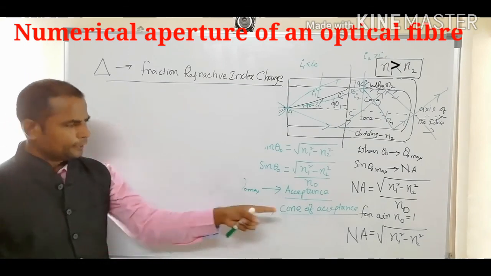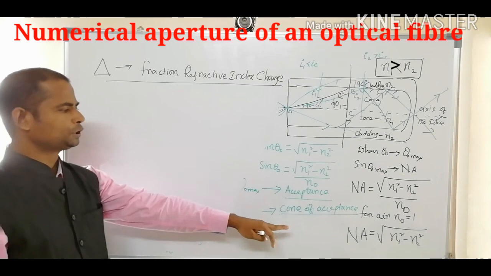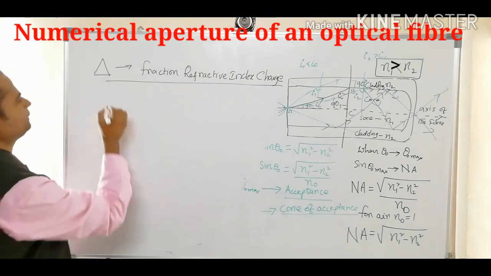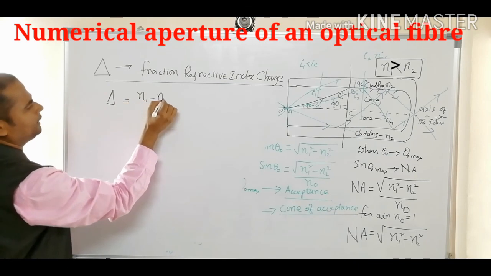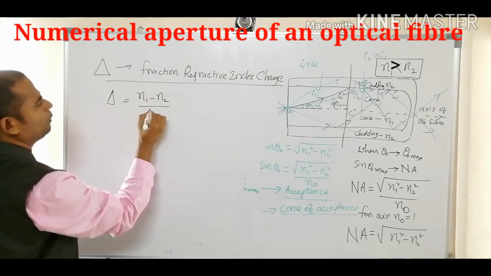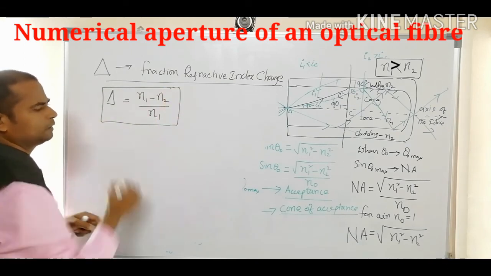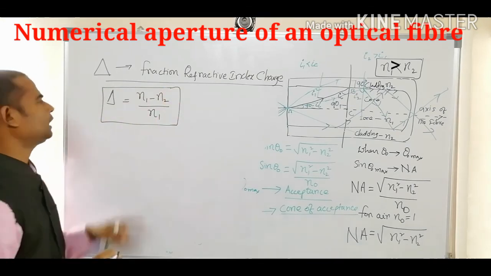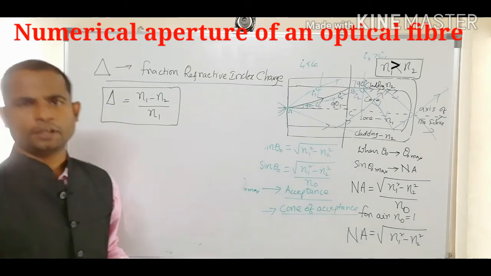So we need to find another alternative formula for numerical aperture in terms of delta. The delta is taken as N1 minus N2 upon N1. So using this expression, we want to convert NA in terms of delta. We'll look at it in the other video.